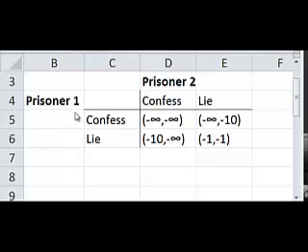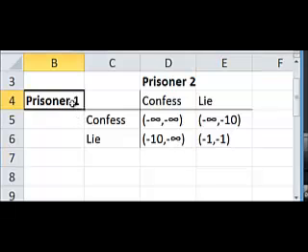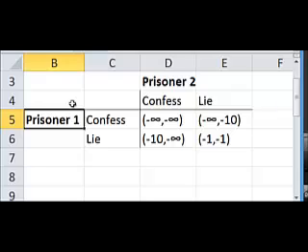So what we do in this process, let me move this down here, we follow the same process and we assume the role of prisoner 1, and just like Schrodinger, we'll look at what's going to happen if prisoner 2 confesses and if prisoner 2 lies.